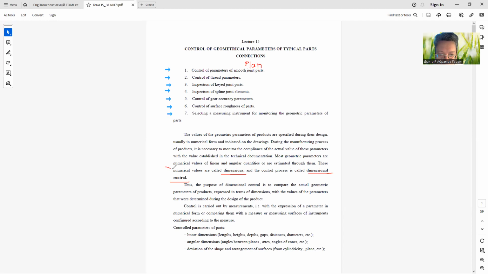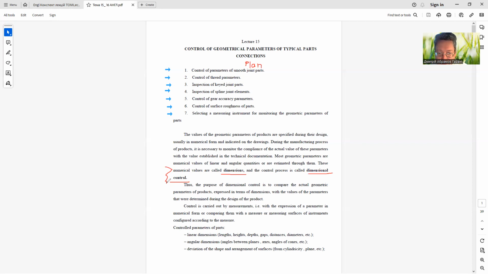Please write down to your notes what dimensions and dimensional control are. Thus, the purpose of dimensional control is to compare the actual geometric parameters of products expressed in terms of dimensions with the values of the parameters that were determined during the design of the product.